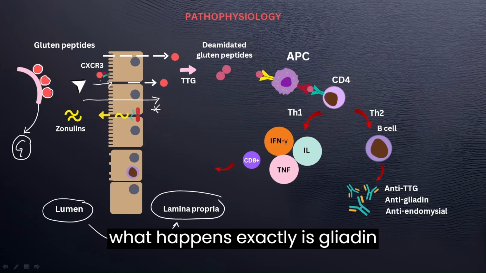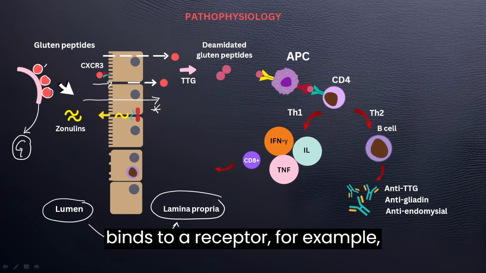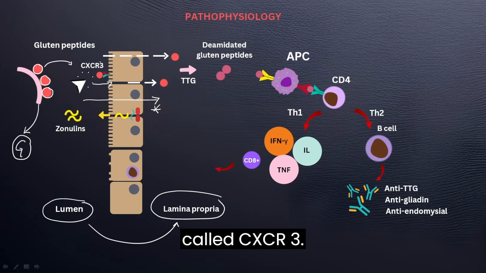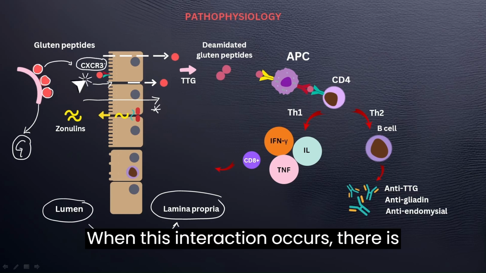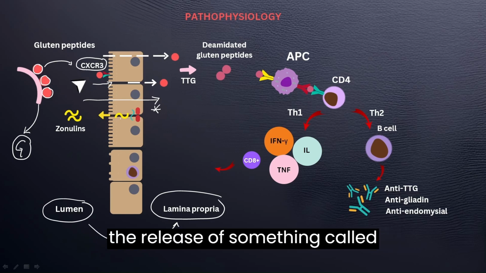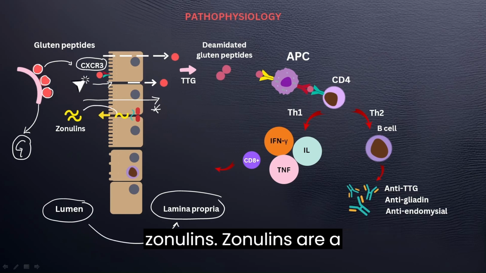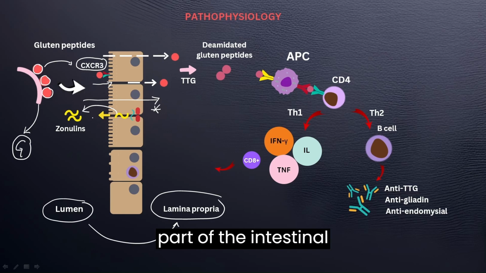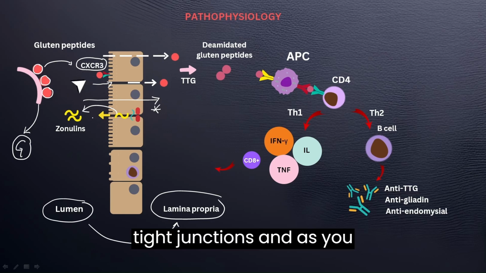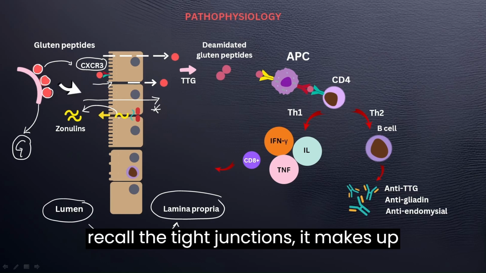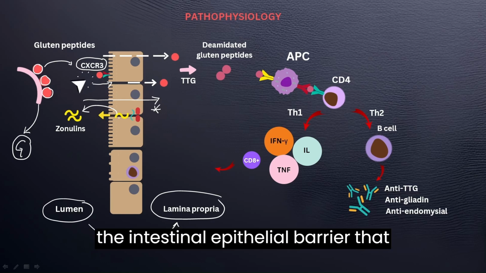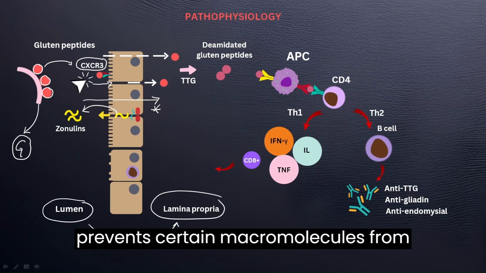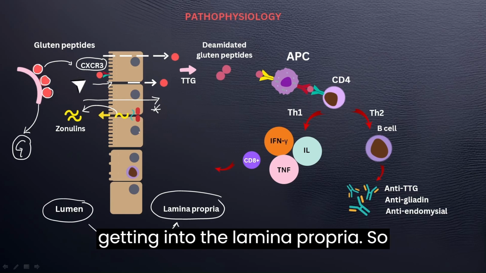But what happens exactly is that gliadin binds to a receptor called CXCR3. When this interaction occurs, there is the release of something called zonulins. So zonulins are a part of the intestinal tight junctions. And as you recall, the tight junctions make up the intestinal epithelial barrier that prevents certain macromolecules from getting into the lamina propria.